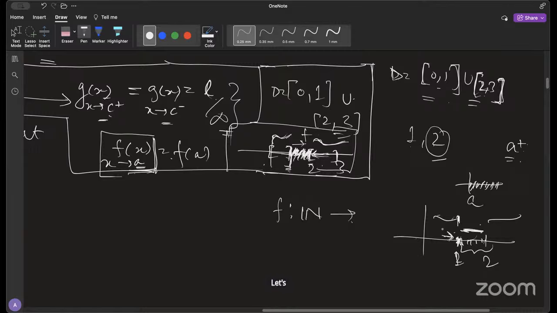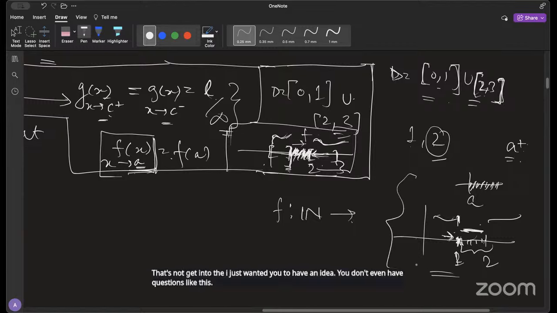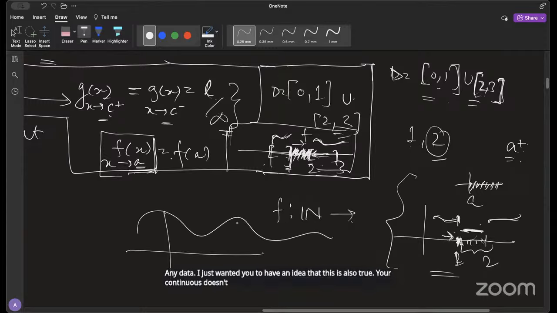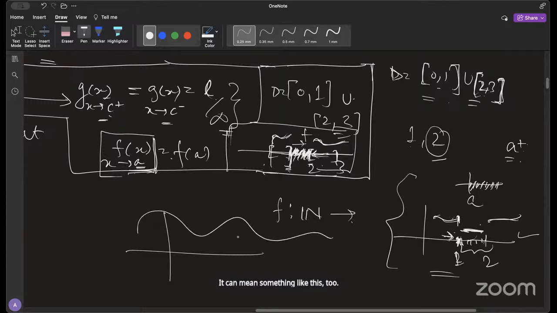Let's not get into that. I just wanted you to have an idea that this is also true. You don't even have questions like this anywhere. Continuous doesn't always mean that you don't need to lift the pen. It can mean something like this too. And in such cases, we need to know the domain, no? Yeah.